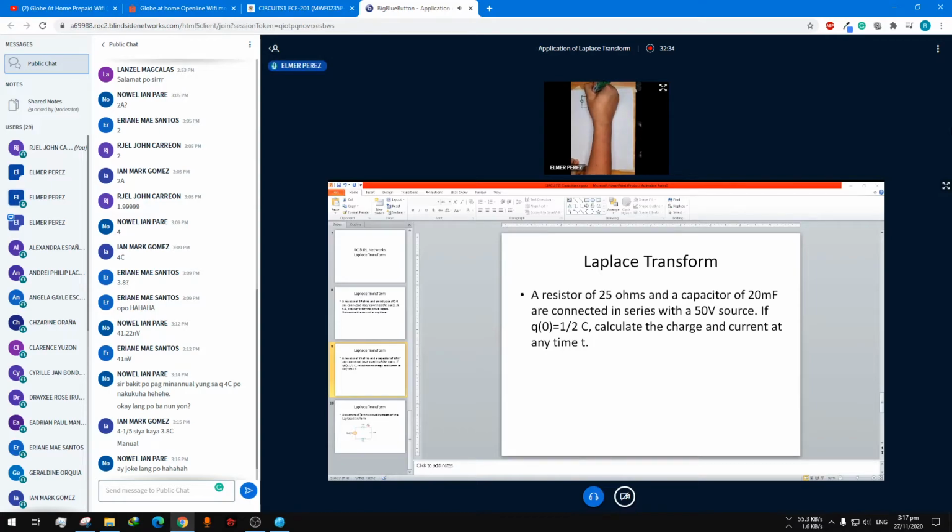Okay, so it's 25 ohms. And this is 20 microfarad. And this is 50 volts. Okay, at T0, charge is 1/2 coulomb.